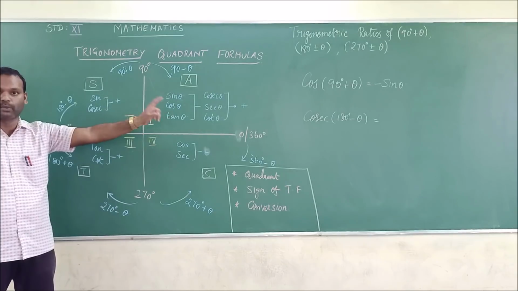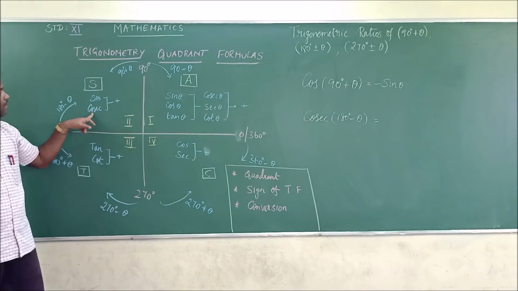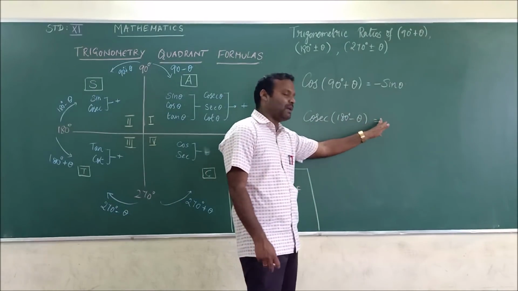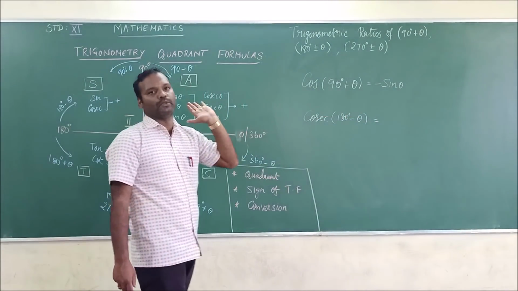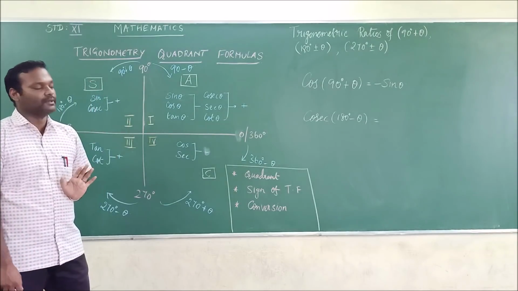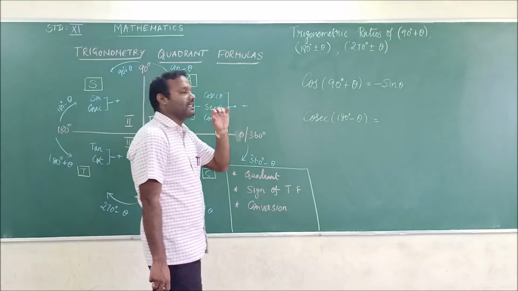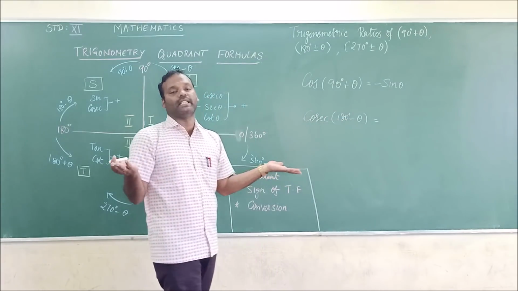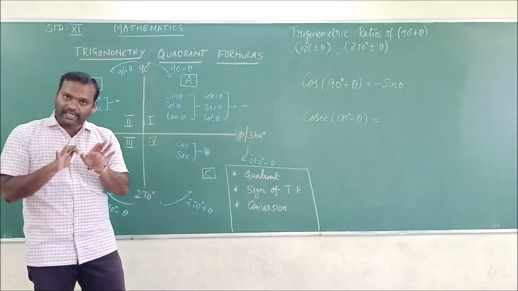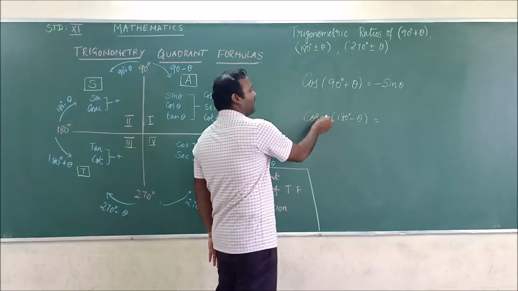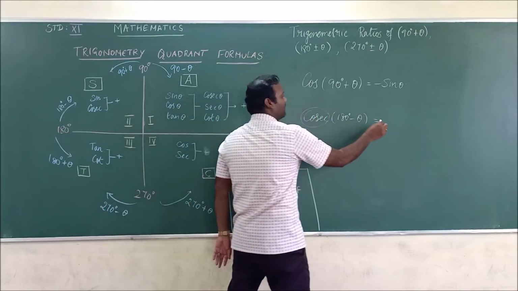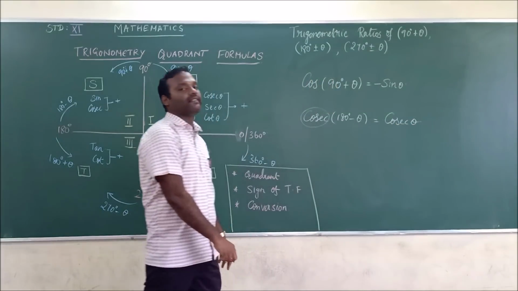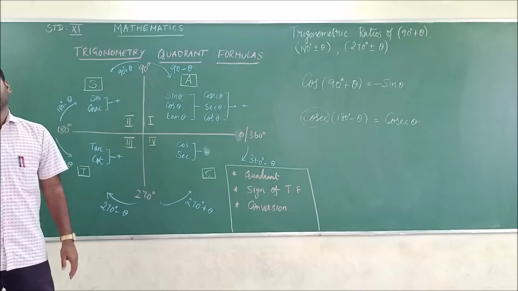In the second quadrant, cosecant is positive. So you have to put the sign plus. Positive means no need to write that sign. Next, is there a need of any conversion? Since you are having 180, for 180 you do not have any conversion. So you just write the trigonometric function as it is. So cosecant of 180 minus theta is nothing but cosecant theta.